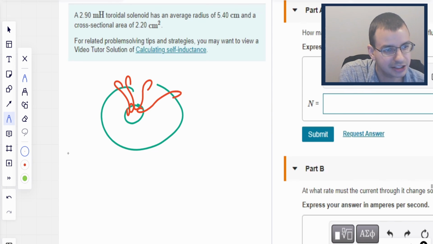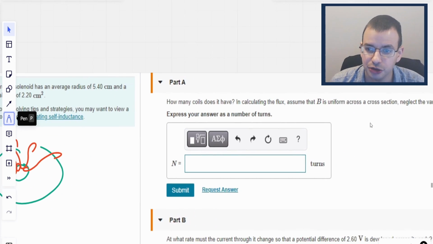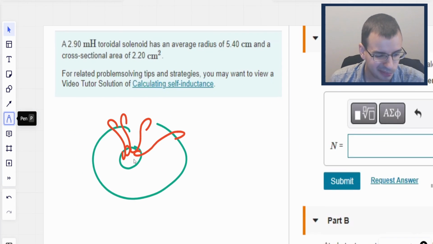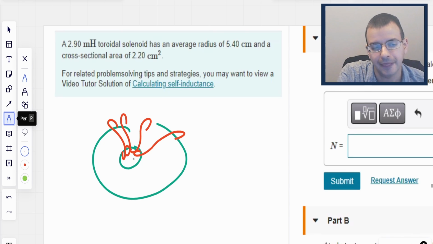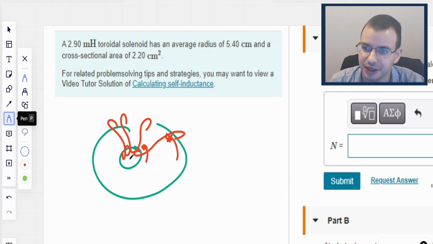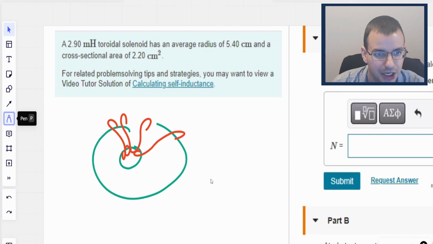When it says assume that B is uniform across the cross-sectional area, basically this is like a solenoid wrapped around on itself. The magnetic field on the inside is going to be stronger than the magnetic field on the outside, but we just consider everything to be the same, which makes our life much more possible.